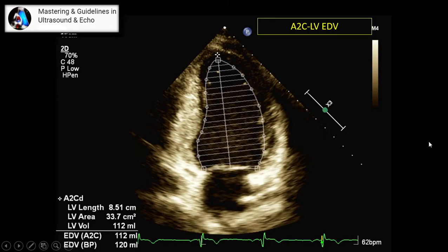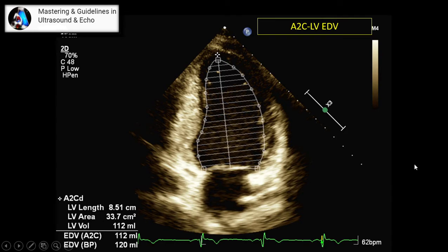We don't use only the left atrial volume, we use left atrial volume index based on body surface area. If we put in height and weight at the beginning before starting the study, when we measure both apical 4 and apical 2 left atrial volume, the machine gives us the left atrial volume index.